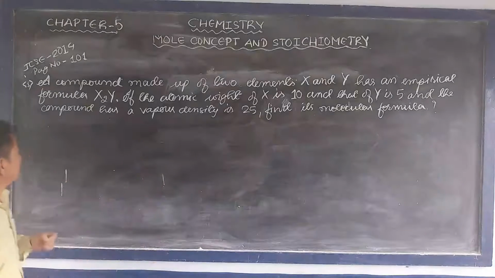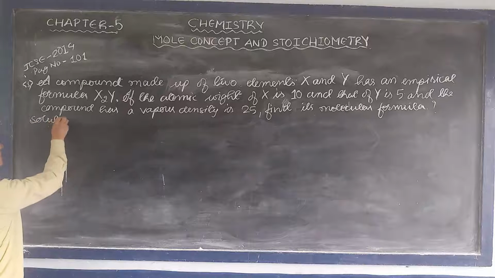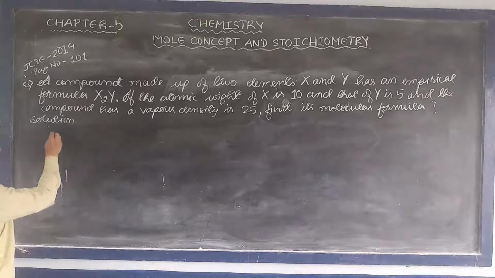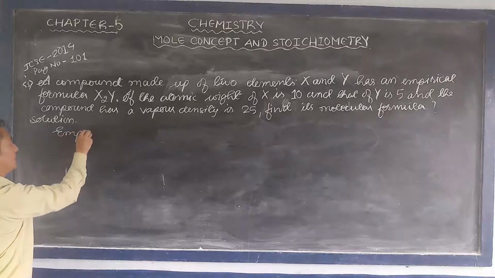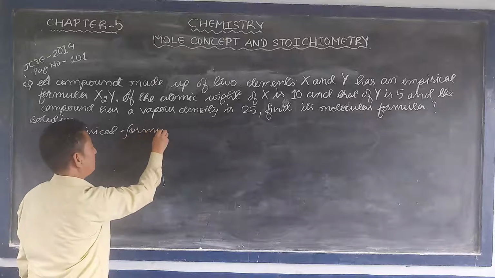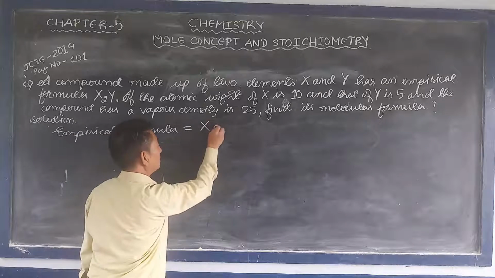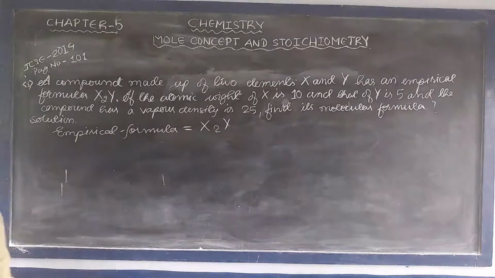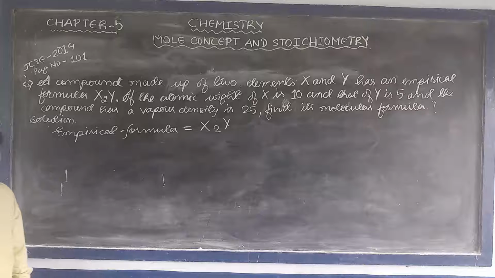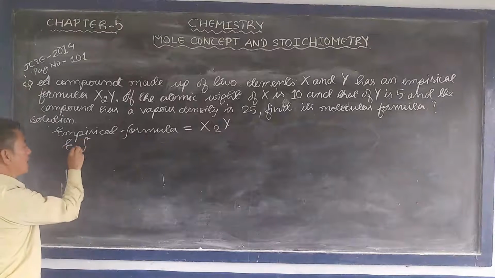Now in this question, the empirical formula is given as X2Y. So first of all we will write the solution. Empirical formula of the compound is X2Y. Then the second step, we will find the empirical formula weight.